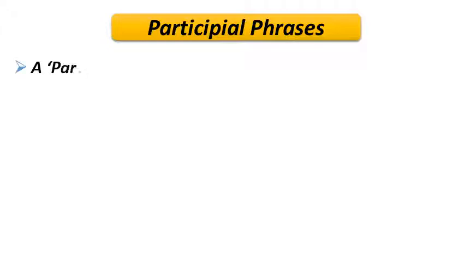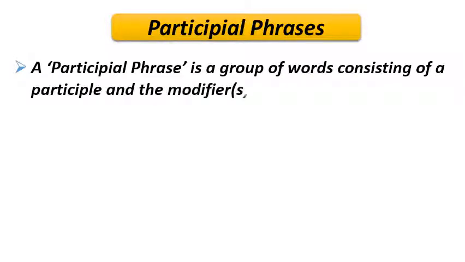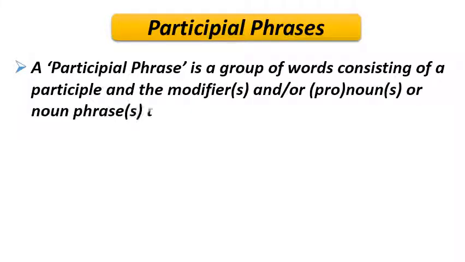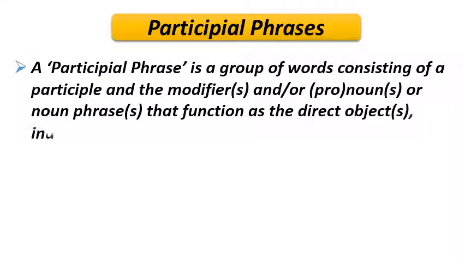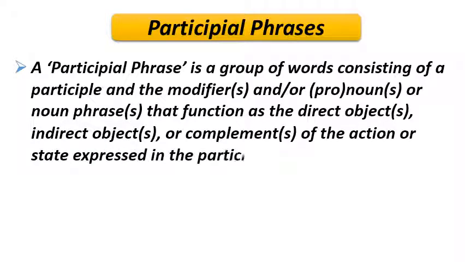Or in a simple way we can say that a participial phrase is a group of words consisting of a participle and the modifier or modifiers, and pronouns, nouns or noun phrases that function as the direct object, indirect object, or complement of the action or state expressed in the participle, right?